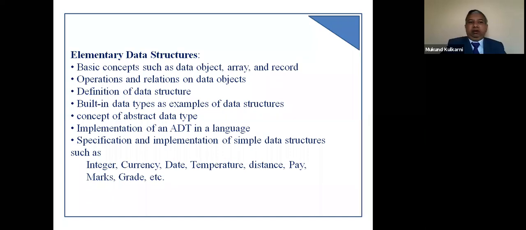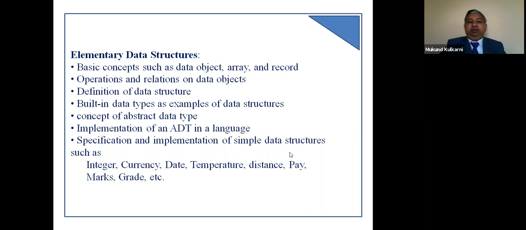In this module 1, we are going to understand elementary data structures. It covers basic concepts such as data object, array, and records, operations and relations on data objects, defining data structure. Then we are going to learn built-in data types as an example of data structure.